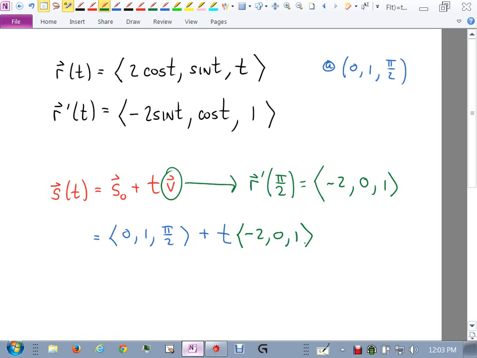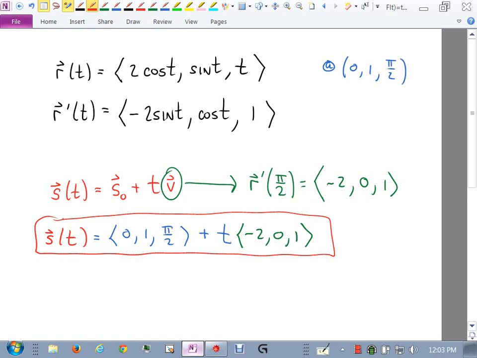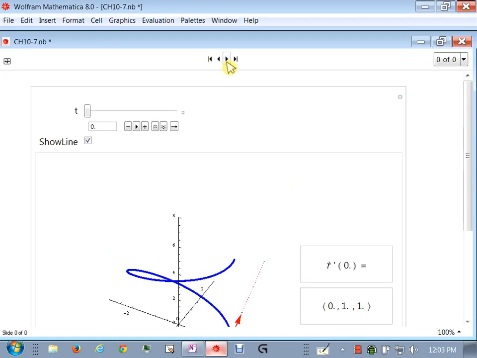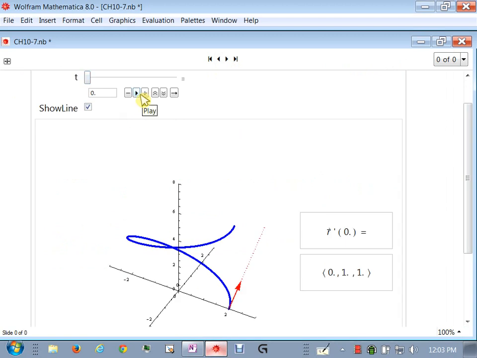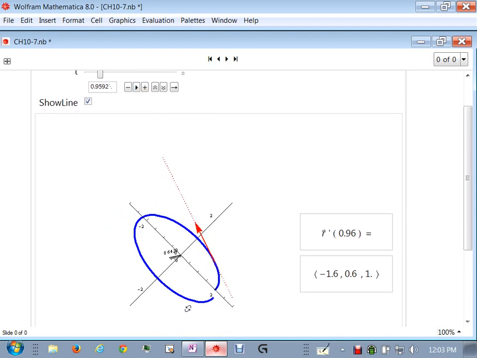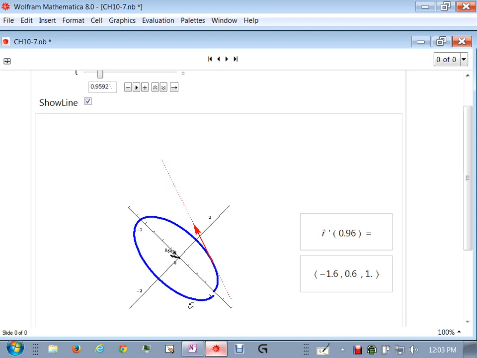Okay. Any questions here? This was the curve, seen from the top, looking down on it.